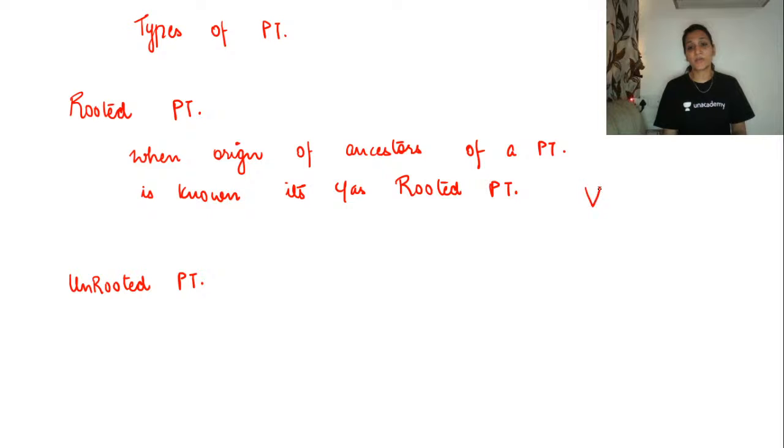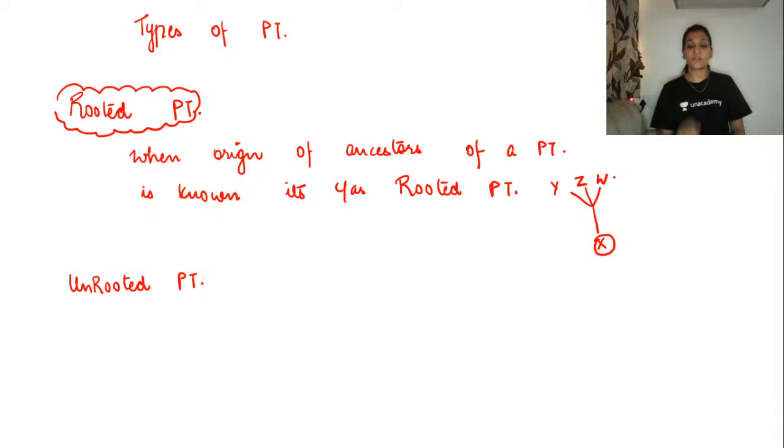How will it look? It is going to look like this: X, Y, Z, and W. X is the common ancestor, and from X, Y, Z, and W have come. So in a rooted phylogenetic tree we know the common ancestor. This line is kind of a root. We know the root from where all the organisms are coming. When we don't know from where all these organisms are coming from, it is called an unrooted tree.